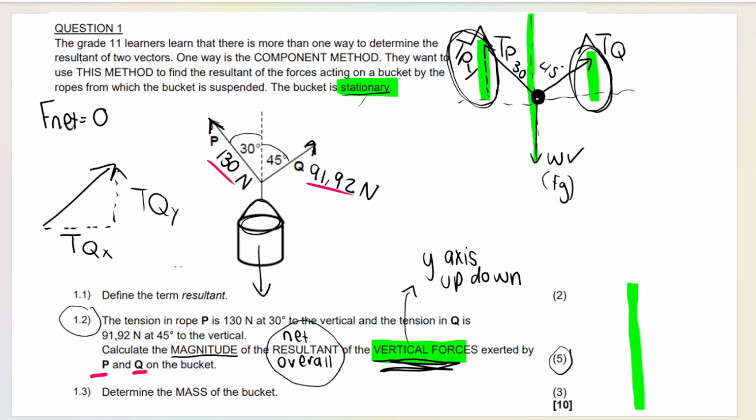That would give me the resultant. Resultant means I must add them up, of the verticals up and down, exerted by P and Q. So let's take it step by step. Let's first find out what the vertical of TP is and what the vertical of TQ is.